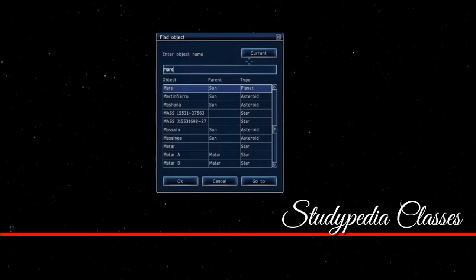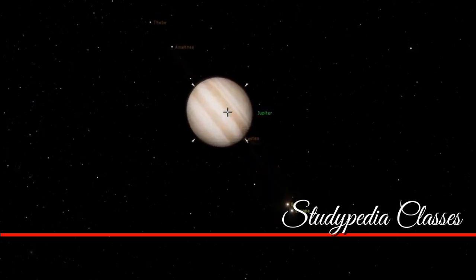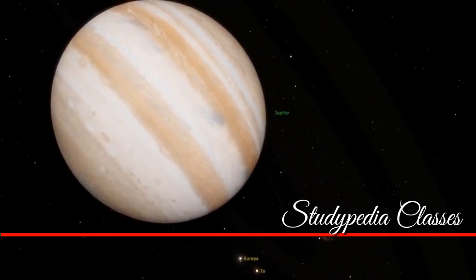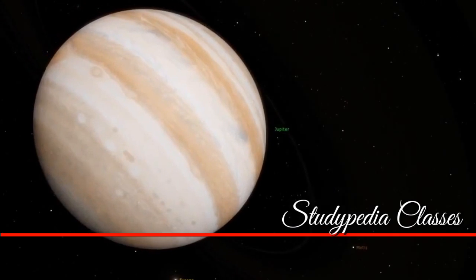As we know, Jupiter is the largest planet in the solar system, but it is a gas giant, a cold gas giant. You can see at the top left corner, cold gas giant, and this is the distance, these many astronomical units. This is Jupiter, the infamous planet in the solar system.